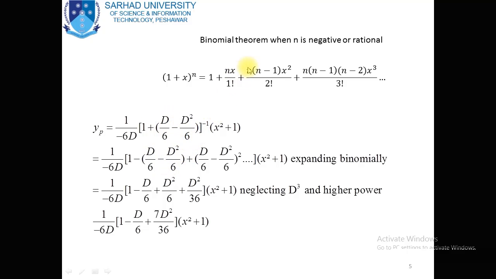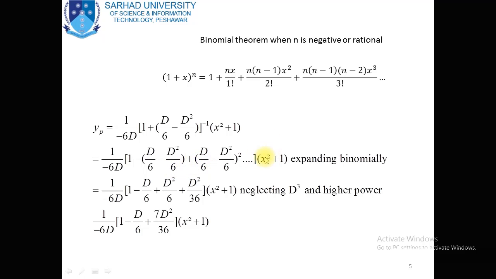Now plus n into n minus 1, minus 1 into minus 1 minus 1, that is minus 2, and minus 1 plus 2 and 2 factorial cancel, so now this is plus. So x square, this x term, d by 6 minus d square by 6 whole square, and so on, into this polynomial.